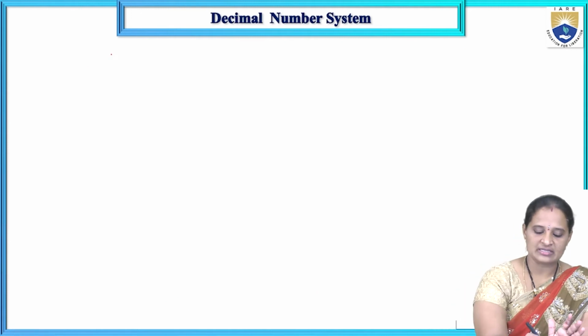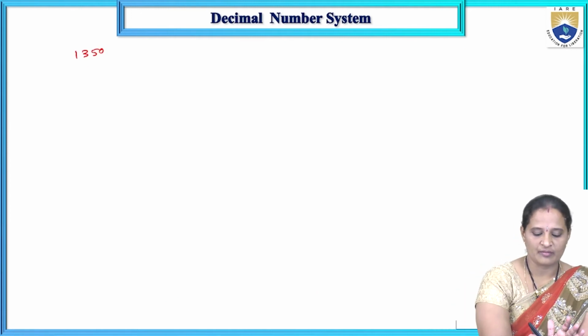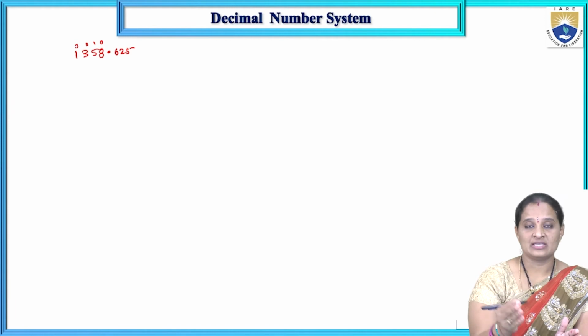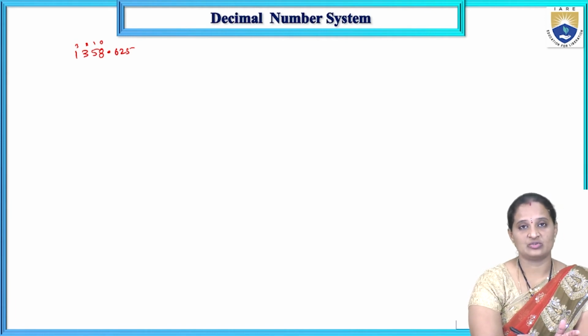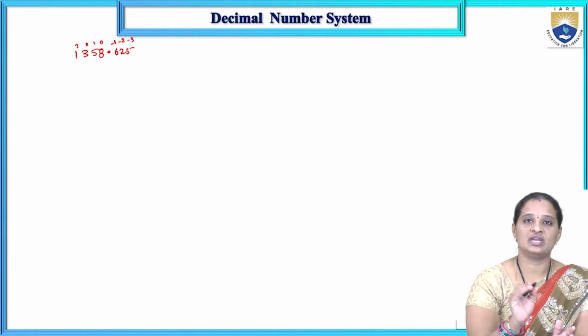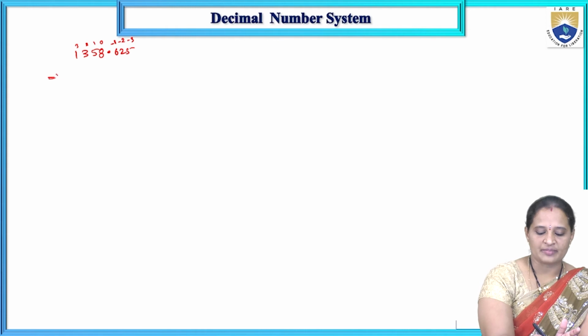Now, for example, let us consider I have the number 1358.625. Before the decimal point, the positions will start from 0, 1, 2, 3, whereas to the right side of the decimal point, the positions will start from -1, -2, -3, and so on. Now, how can I represent this one?